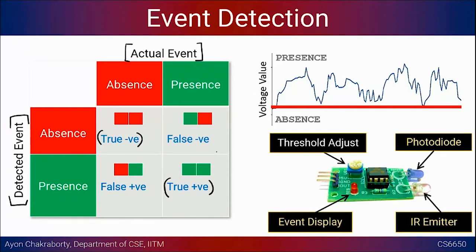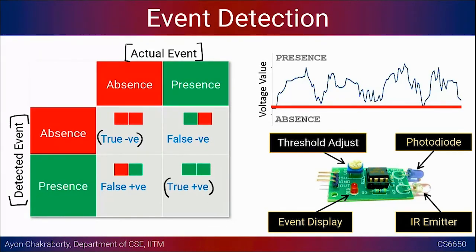So these are the places where the sensor has not malfunctioned. Whatever be the value of threshold, it has actually detected it correctly. If it was absent, I have reported it to be absent. If it was present, I have reported it to be present. The other two are kind of interesting.